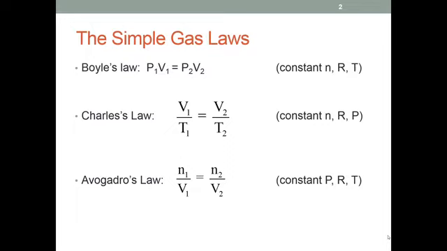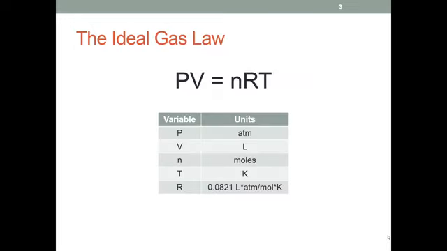If you combine these three laws, you arrive at the ideal gas law, PV equals nRT, where P is pressure, V is volume, n is the number of moles, T is the temperature in Kelvin, and R is the universal gas constant.